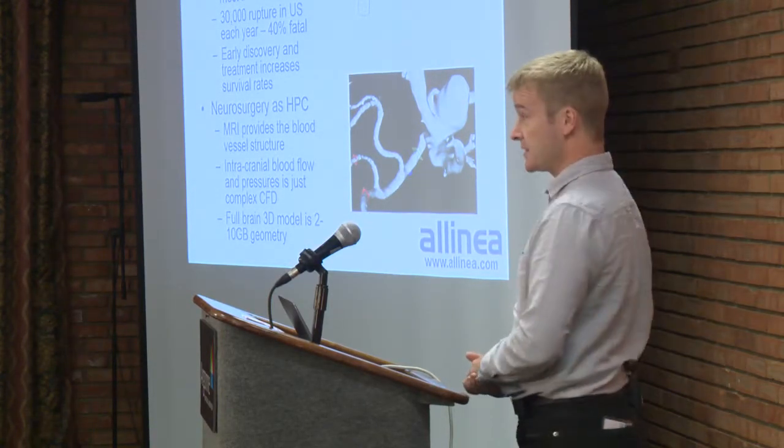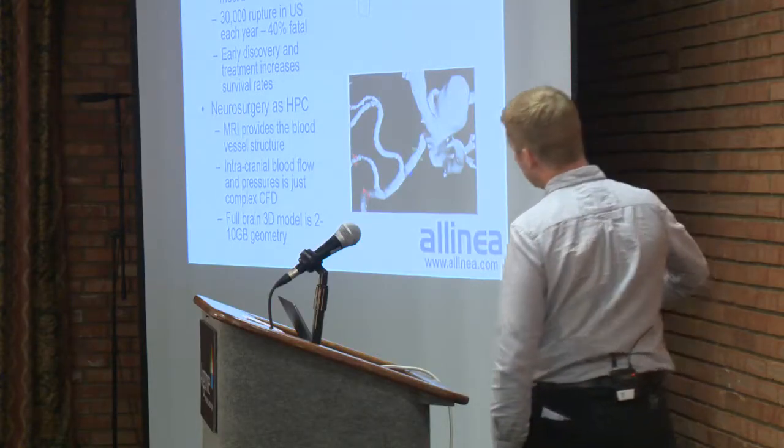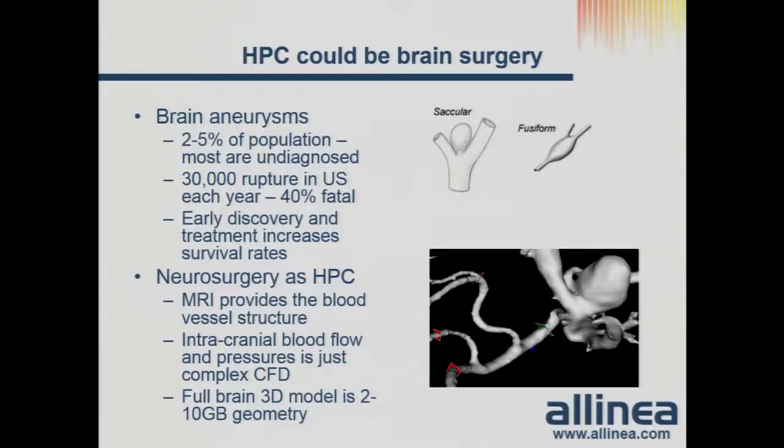HPC's been all about CFD and many other things, but CFD is one of the core applications of HPC, really. And when you translate that MRI into a 3D model, it's a 2 to 10 gigabyte geometry. And this is a screenshot from one of the visualization toolkits of HPC, so more of a view of a structure that we HPC people will be familiar with.